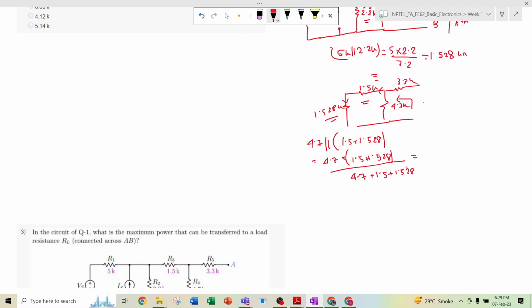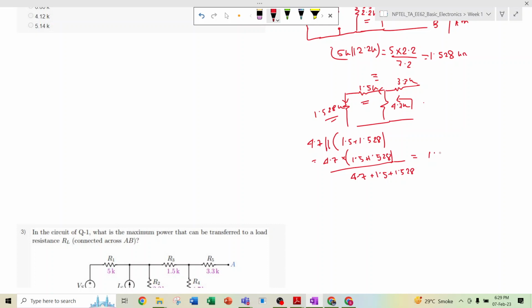After the calculation, just one second, I am using the calculator. 1.5 plus 1.528 multiplied with 4.7 divided by 4.7 plus 1.5 plus 1.528. So it is coming as 1.842.